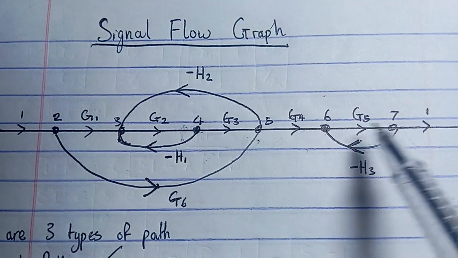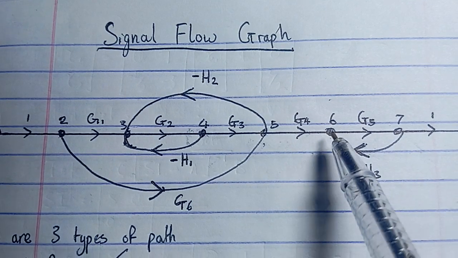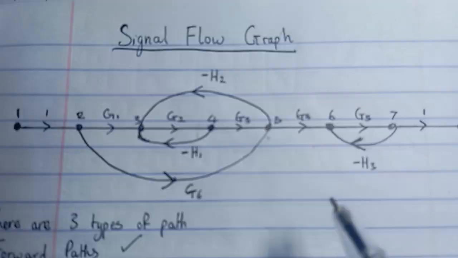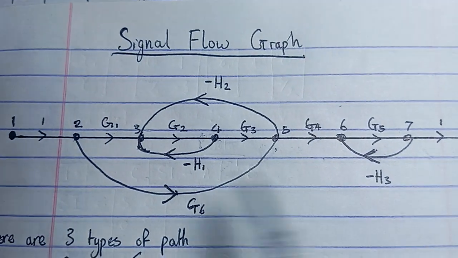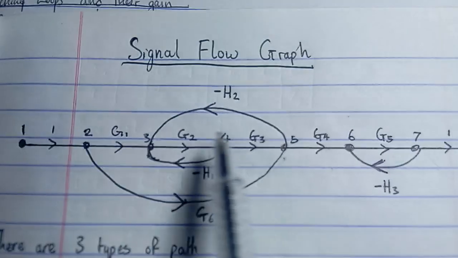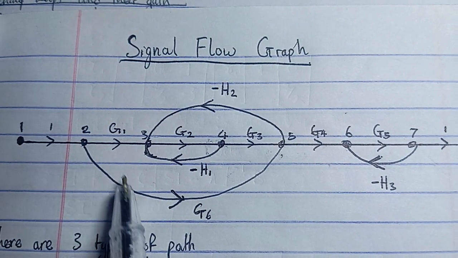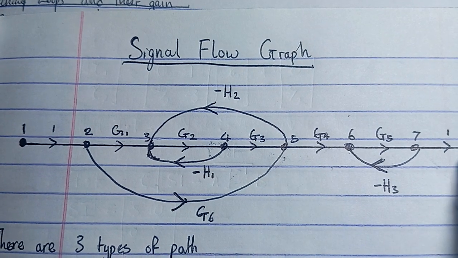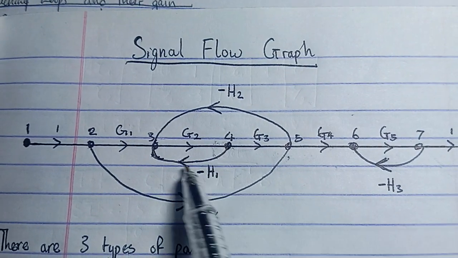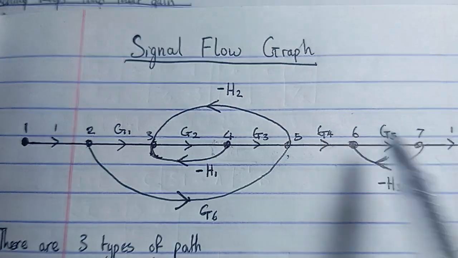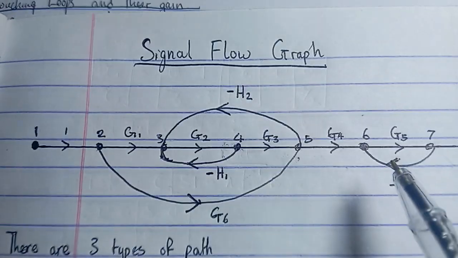And here, we're going forward and we're flowing backward, so that is a loop. So when you're talking about your individual loops, we're talking about, aside from the main forward paths that flow straight and follow this curve, the loops are this, this, and this. Let me write it down properly.